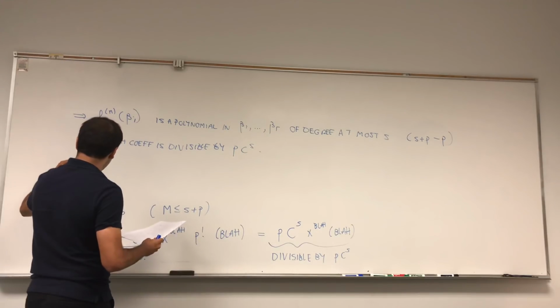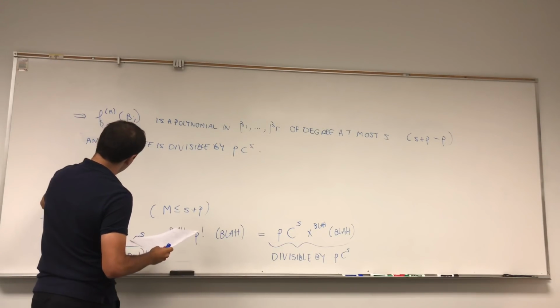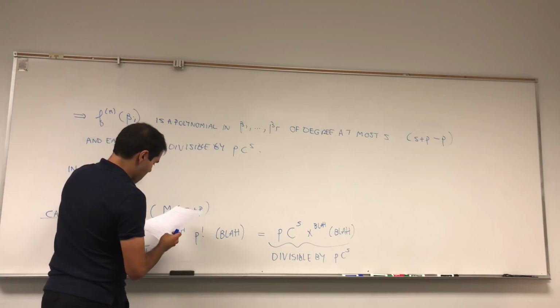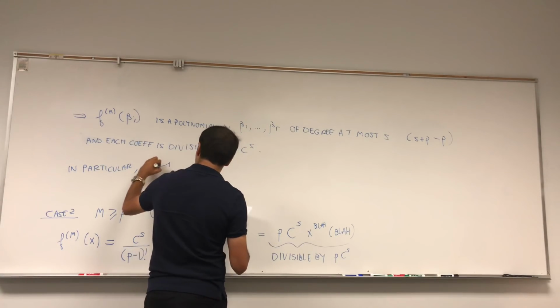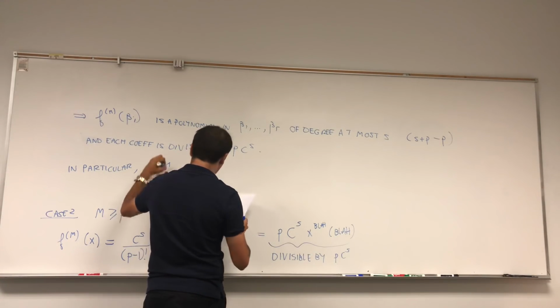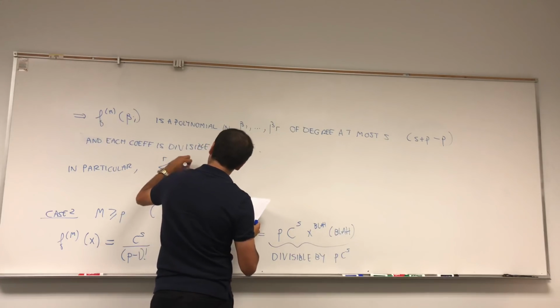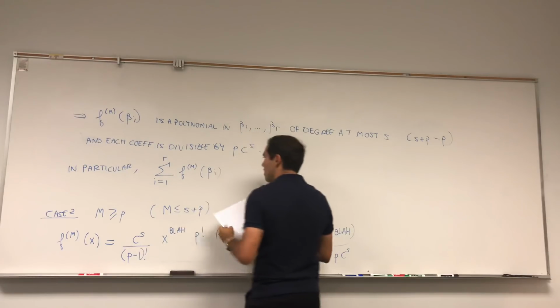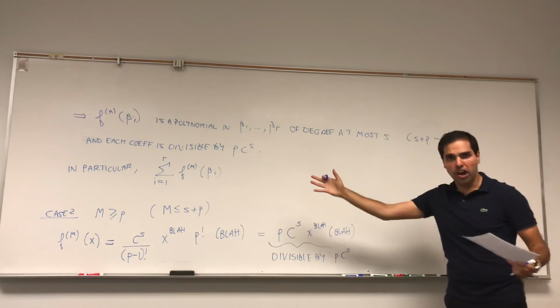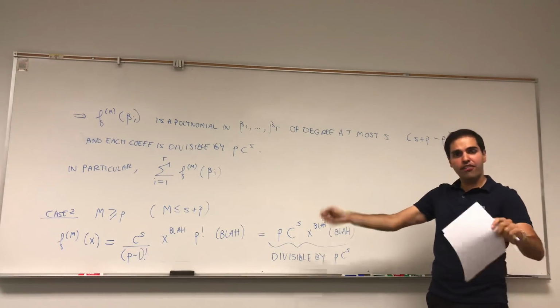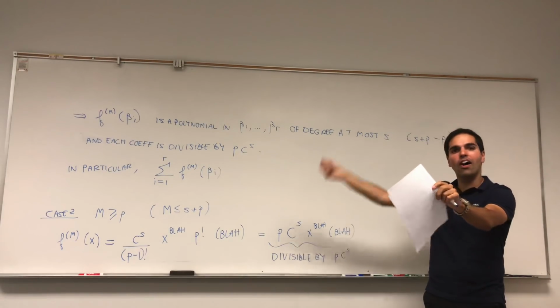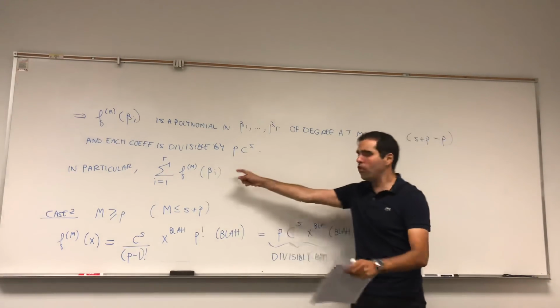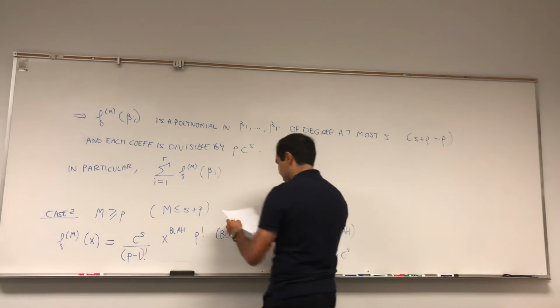So in particular, suppose you take the whole sum, i from 1 to r, f to the m, the mth derivative, of beta i. Notice, this whole sum is symmetric. If you interchange, let's say, beta 1 and beta 3, the whole sum still stays the same.